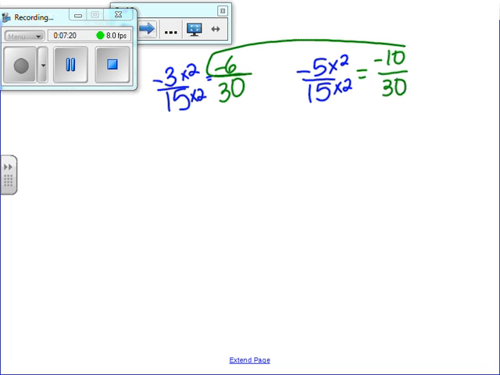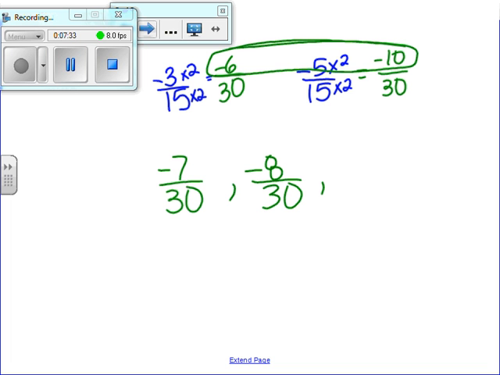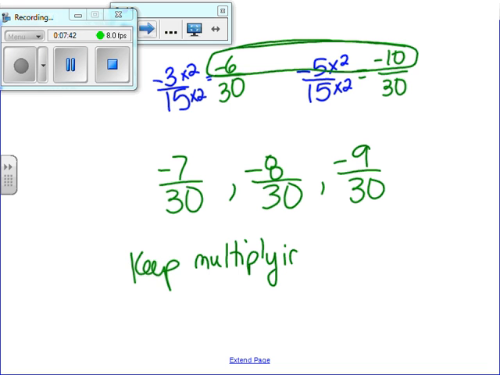Now if I look at the numerators here, there definitely are 3 different numbers between -6 and -10. Those numbers are -7/30, -8/30, and -9/30. So I have to keep multiplying the fractions by a number until I get a denominator that's big enough.